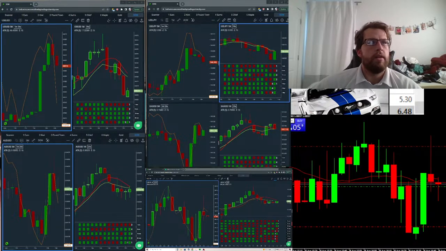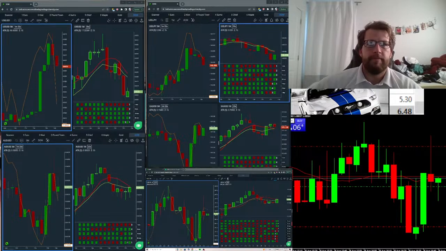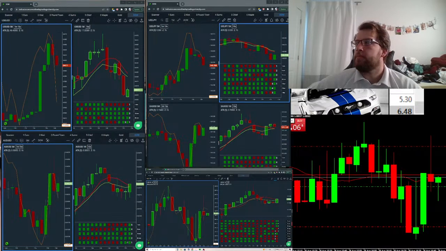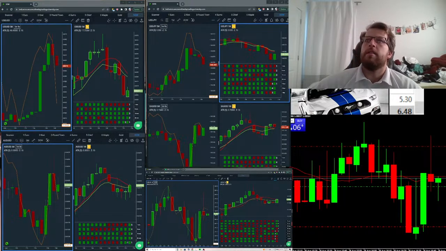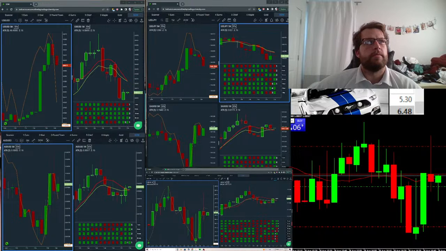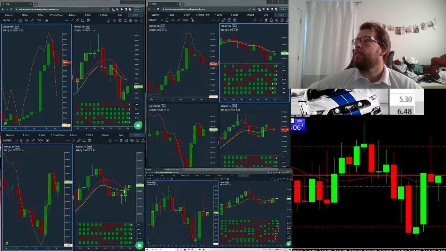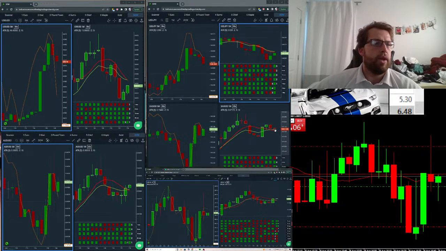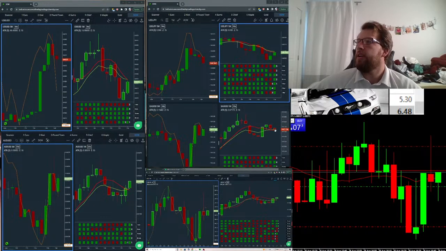Aussie as well. Pressures crossed on the Aussie as well as on gold. So now we just need those pressure lines to point up with that bar touching. That's what we're looking for.